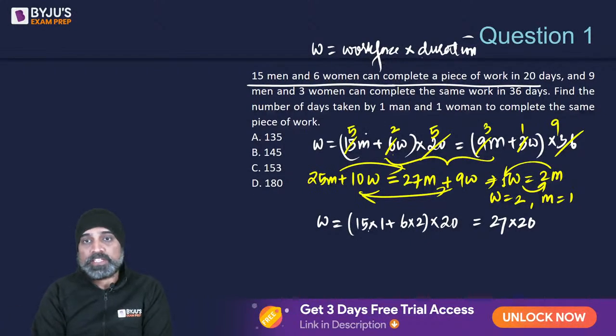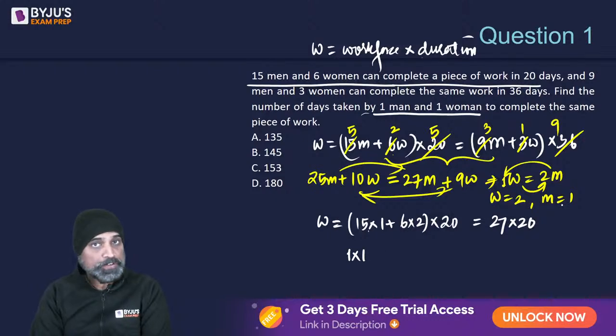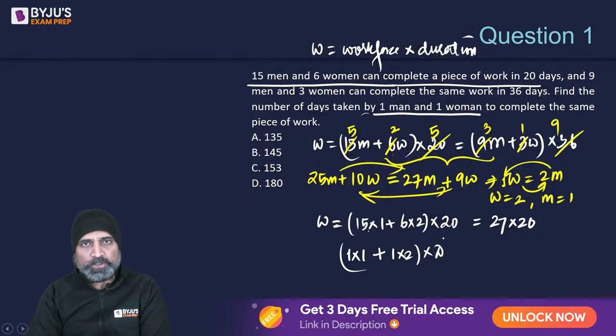Now, as per the question, it says, find the number of days taken by 1 man and 1 woman. Now, 1 man would become 1 into 1. The efficiency of a man is 1. And 1 woman, that is 1 into women's efficiency, that is 2. So, how many days are they going to take to finish the same work? So this is nothing but 2 plus 1, 3d.